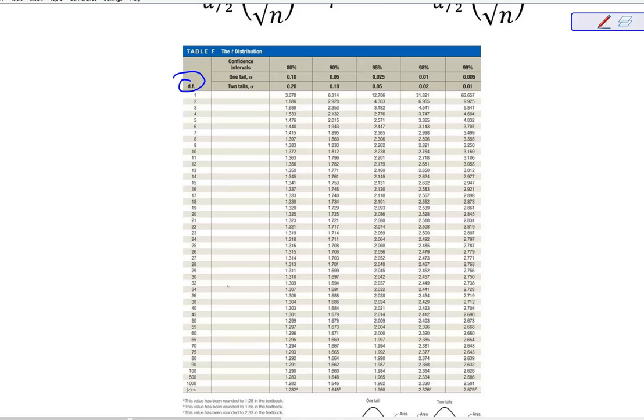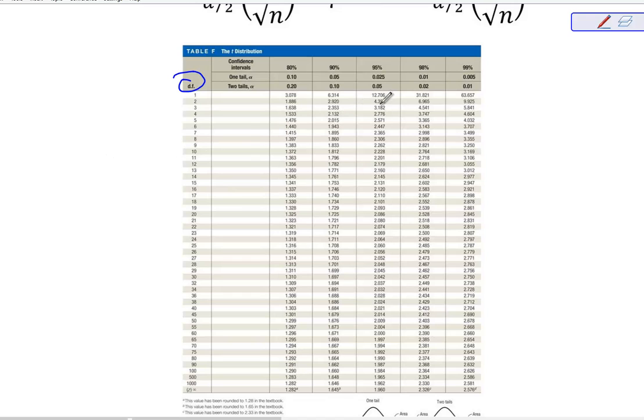If your degrees of freedom fall between 30 and 32, in other words if it's 31, go to the lower number. If it's down here between 70 and 75, you actually go to the number that it's closest to. And down here between 500 and 1000, always go to the number that it's closest to. Up here in the smaller degrees of freedom, obviously you can get the exact degrees of freedom.